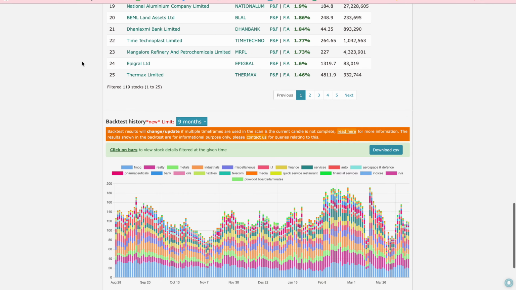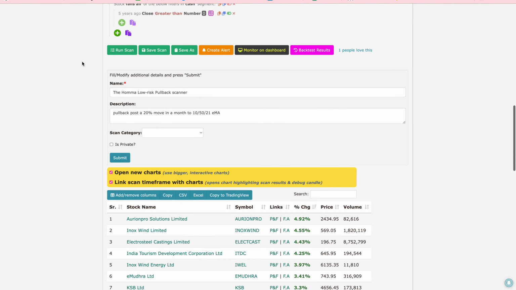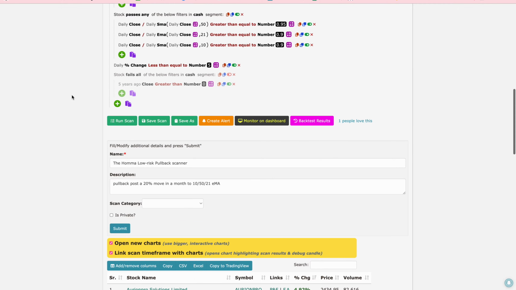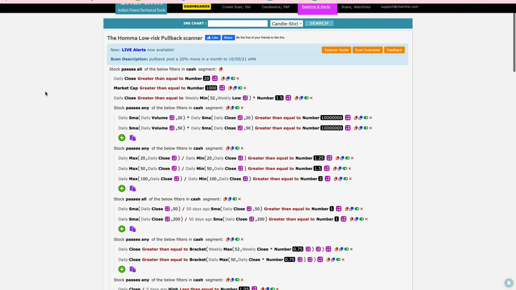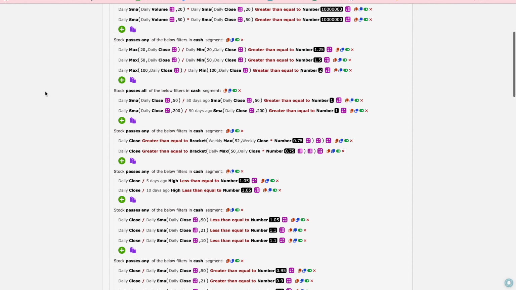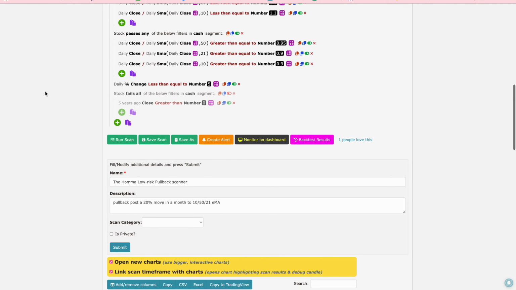So just one decrease today because not many of them which pulled back were also very bullish. Now if you want, okay, what I want is strong stocks, pulled back to a low risk area, but I want stocks which are not older than 5 years.